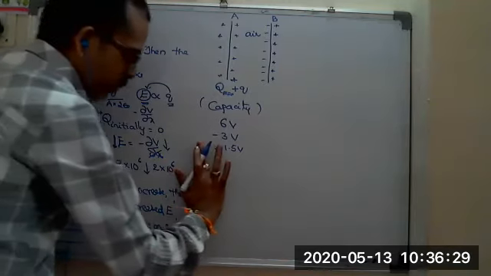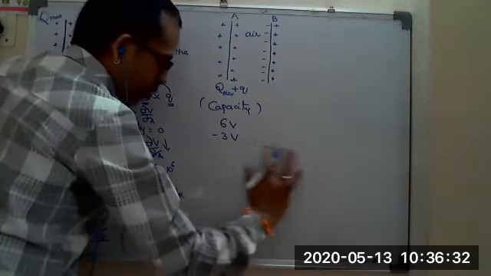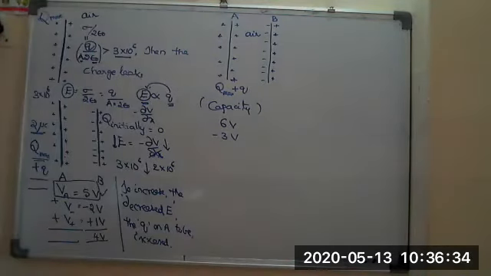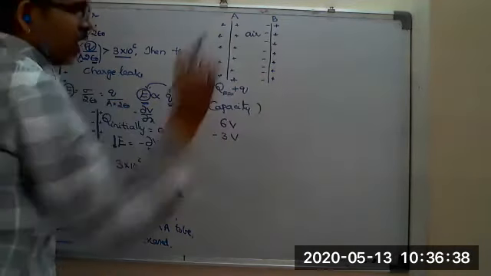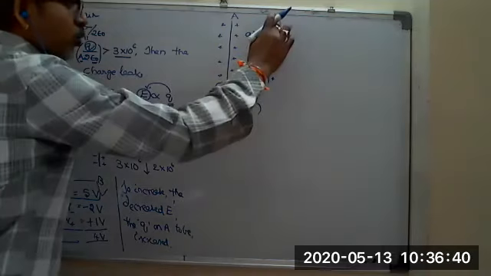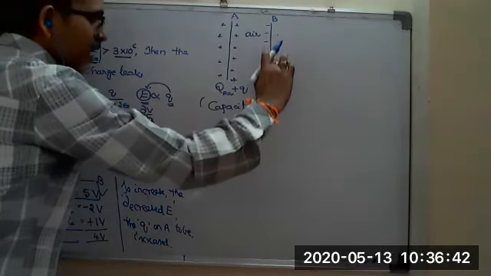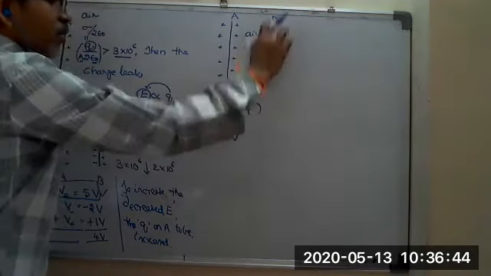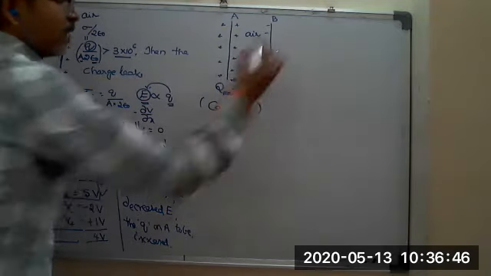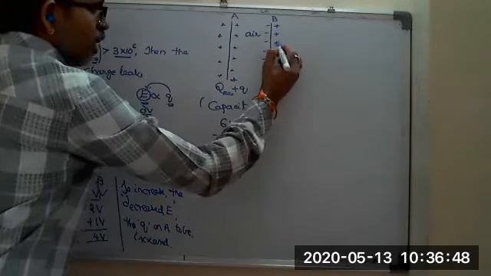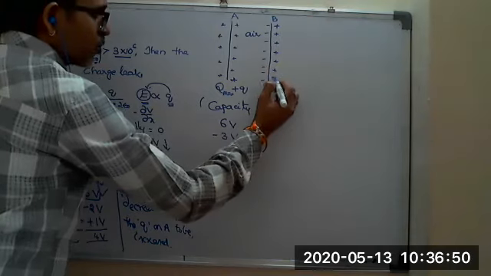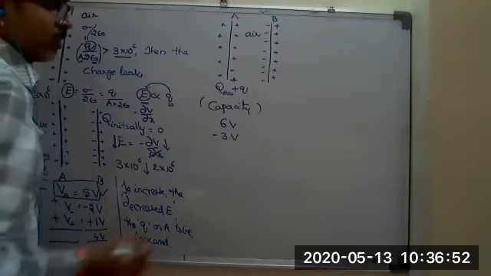This plus 1.5, I don't want. For that, what to do? You have to remove this charge. You can't erase the positive values like on the board. It is not the erasing concept. So how to remove that positive charge from the plate?